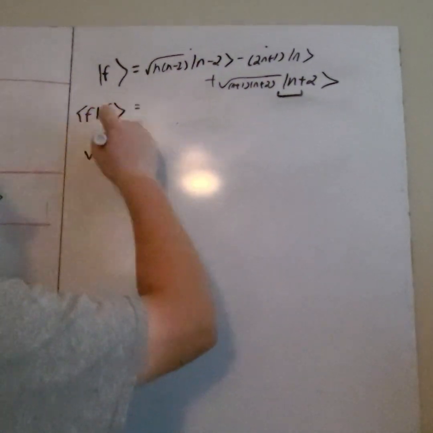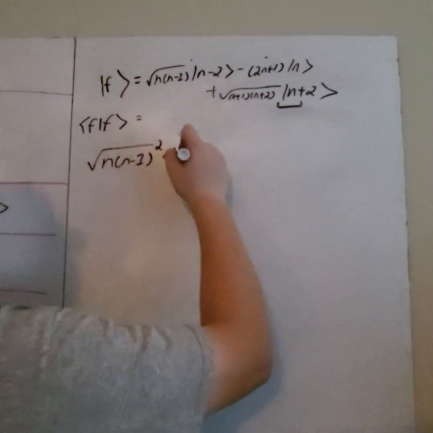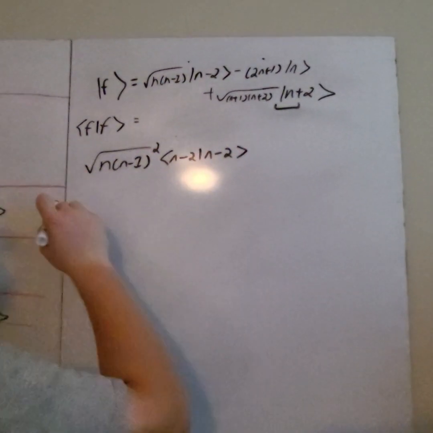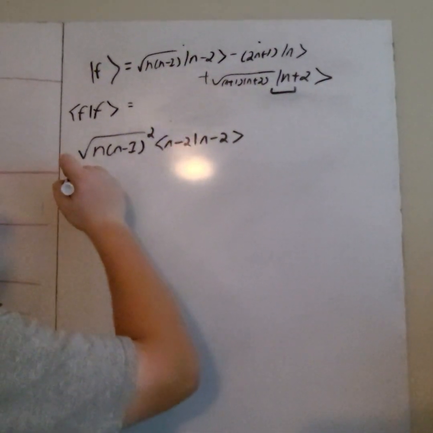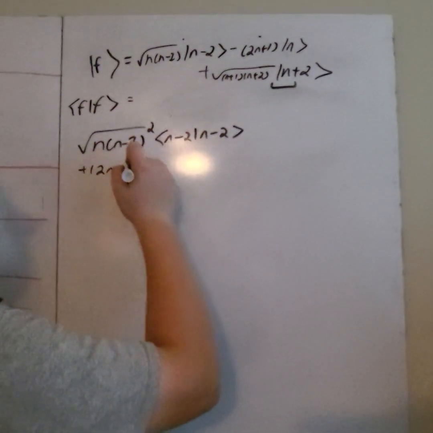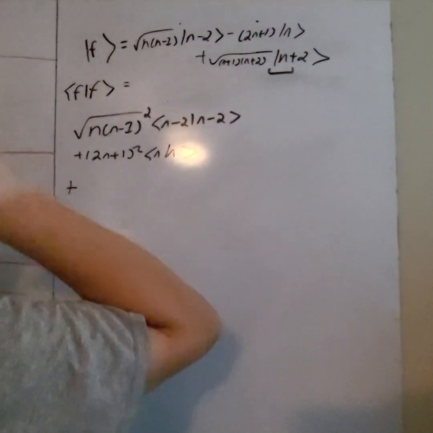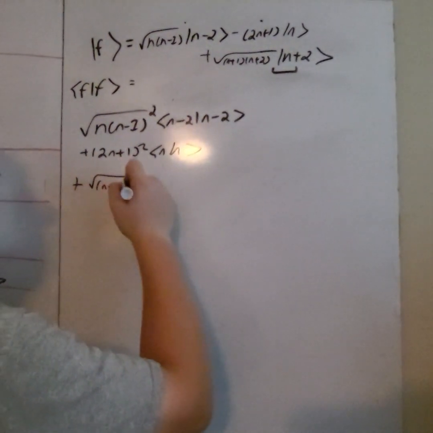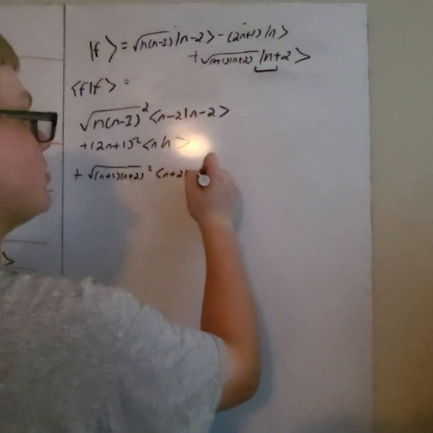So that'll square n(n minus 1), and the other ones would go to 0 because they're not the same, plus (2n plus 1) squared, plus (n plus 1)(n plus 2).